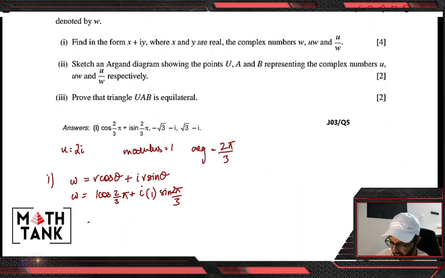That gives me minus half. And sin 2 pi over 3 should give me something in root. That gives me root 3 over 2 i. That's the complex number w.